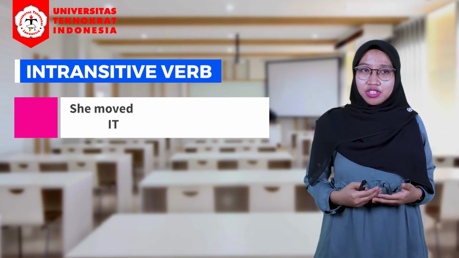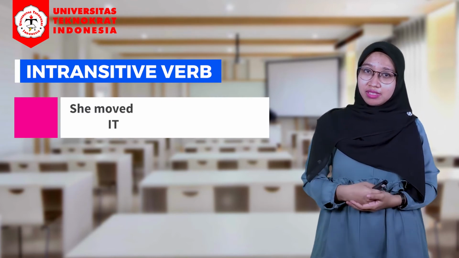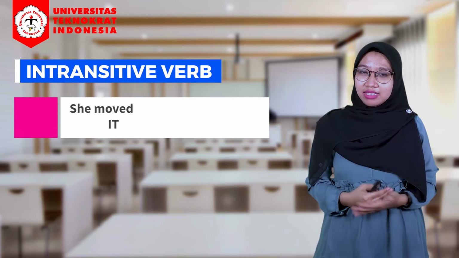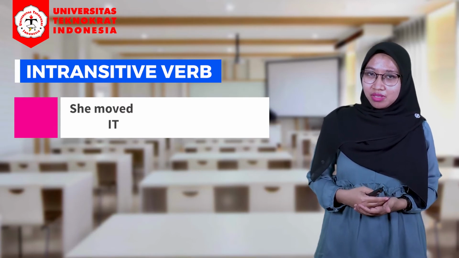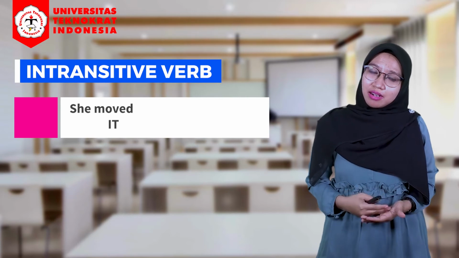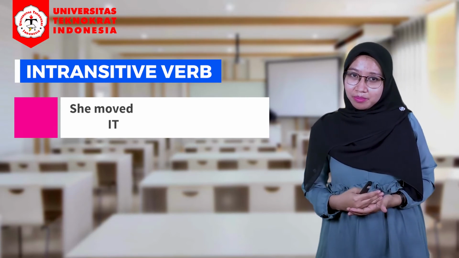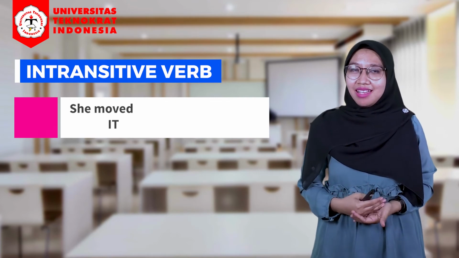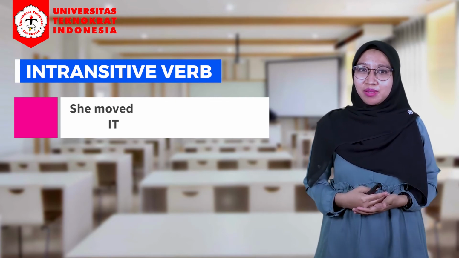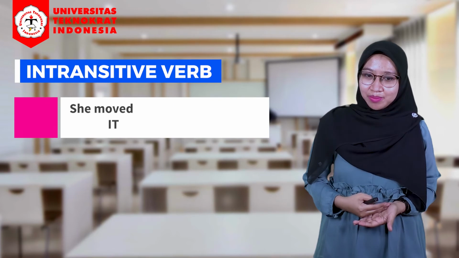For example, she moved. Is it a sentence? Yes, it is a sentence because we have subject and verb. She moved. There are only subject and verb, and it doesn't require an object. And this kind of verb is called intransitive verbs.